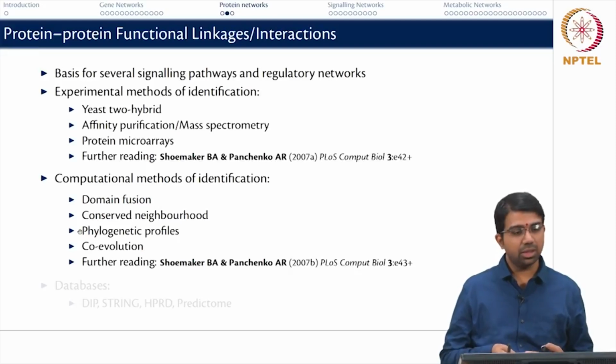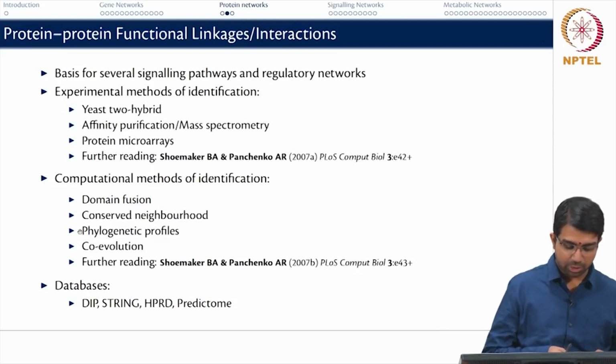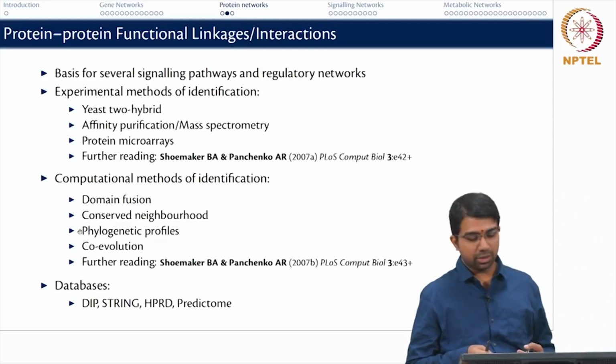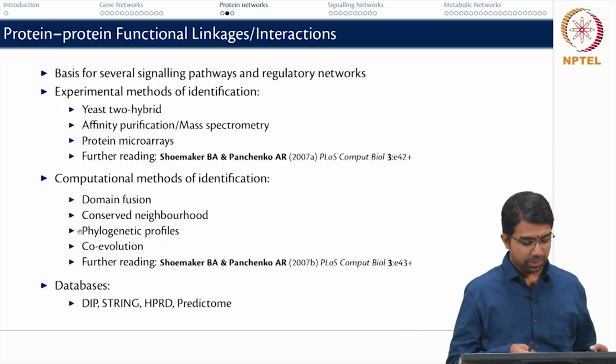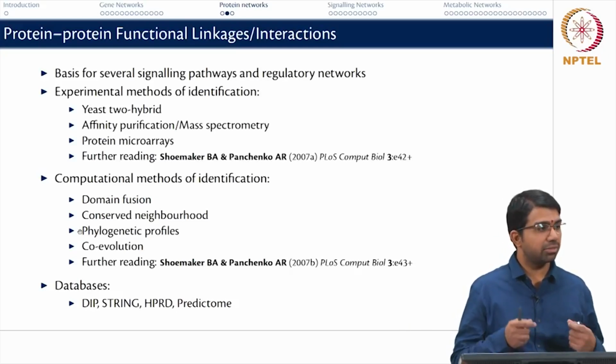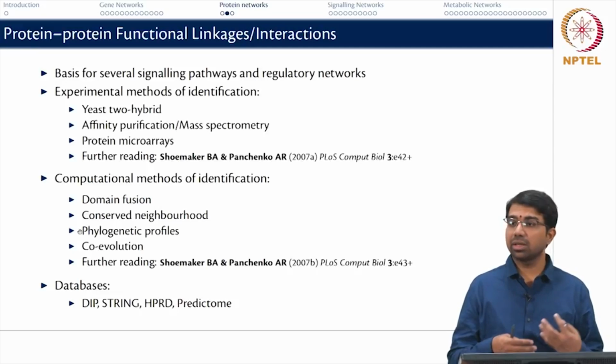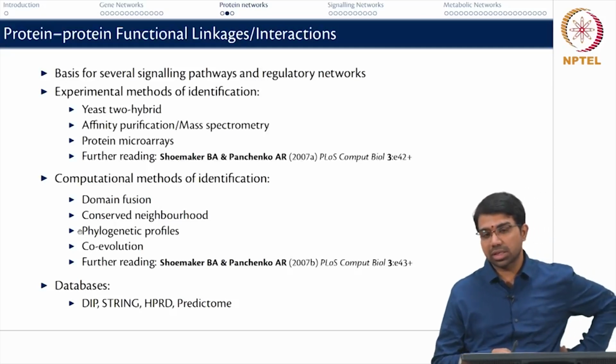We will see how that is done, and there are a lot of databases available, database of interacting proteins, human protein database and the STRING. We will look at all these in a later class, where we will try to study what are all the different types of databases which are very helpful for building, studying and analyzing these kinds of networks.